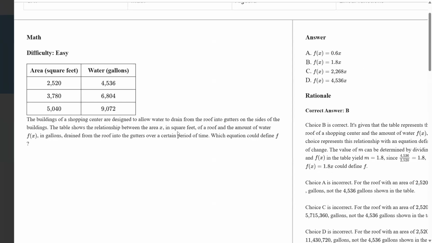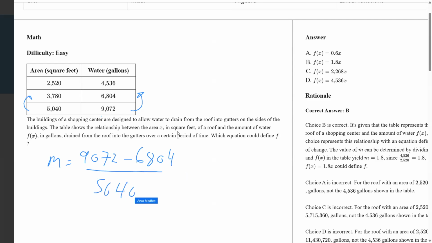So once the equation, all you have to do is find the slope. We said to find the slope, this minus this, or this minus this. Let's calculate the slope. Let me show you the equation. 1072 minus 6804 over 1040 minus 3780.